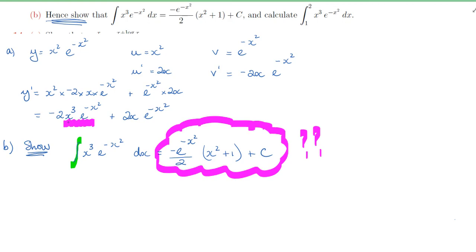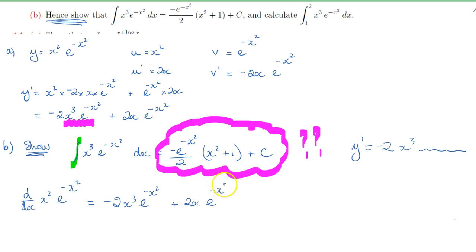The only difference being here is instead of me writing y dash equals minus 2x cubed blah, I'm going to write it as d dx of x squared e to the minus x squared is equal to minus 2x cubed e to the minus x squared plus 2x e to the minus x squared. The reason I'm writing this will become obvious in a moment.